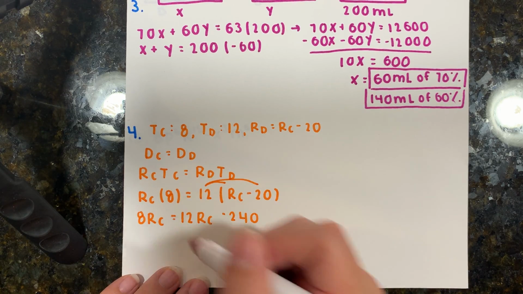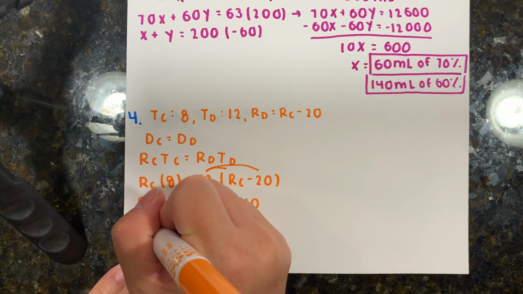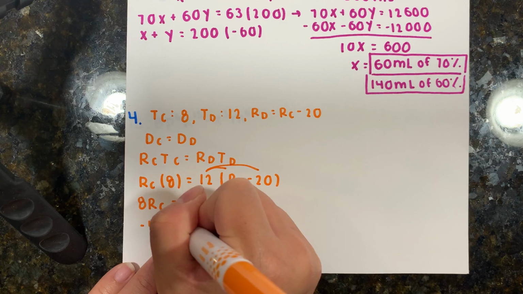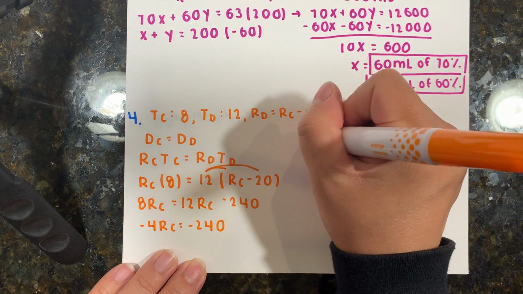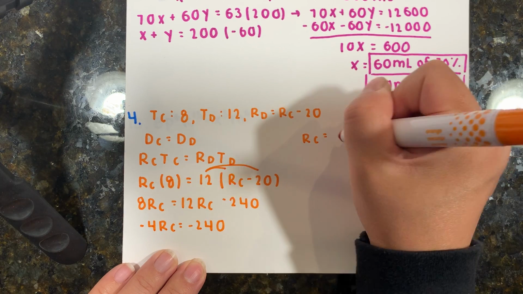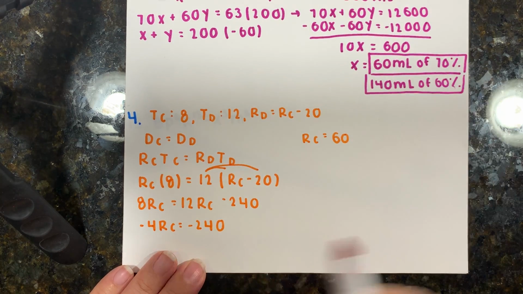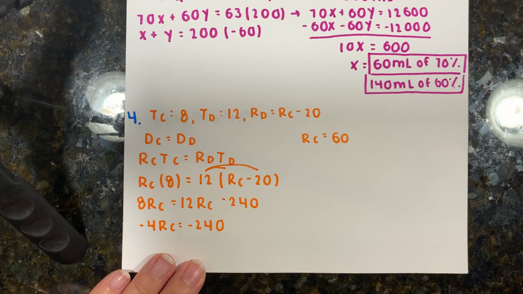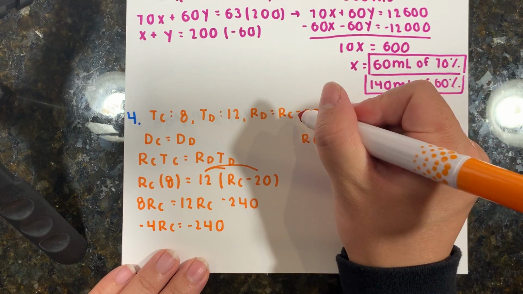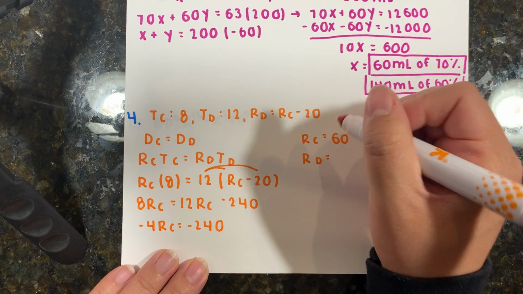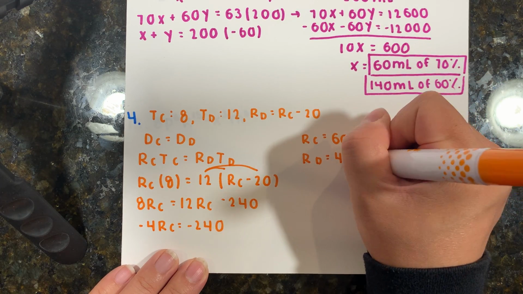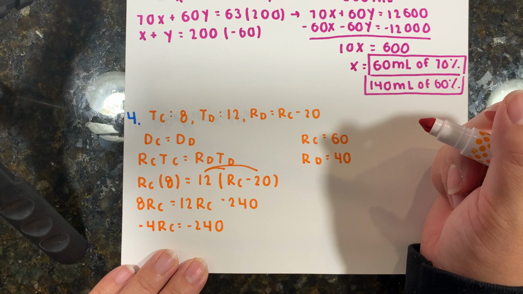And then I'll bring the 12 RC to the left, so that would be negative 4 RC equals negative 240, which means that RC is going to be equal to 60 because 240 divided by 4 is 60. Now I can solve for RD because it's 20 miles per hour slower, which would give me RD is 40.